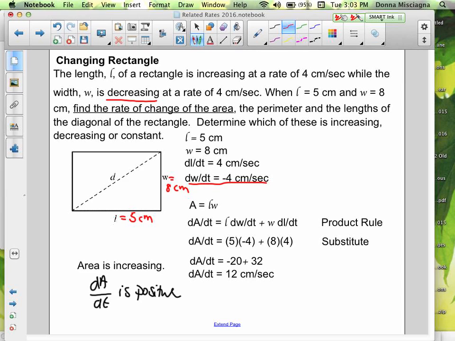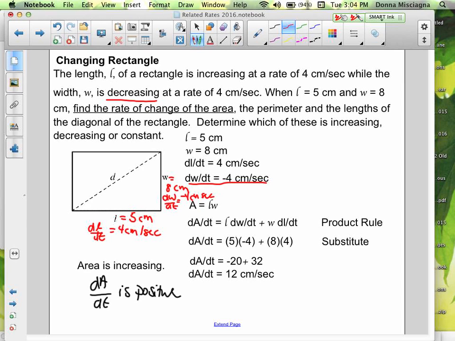The rate of change in the length, dL/dt, is increasing, and that is 4 centimeters per second. The width is decreasing, so it's going to be negative. So dW/dt is negative 4 centimeters per second.